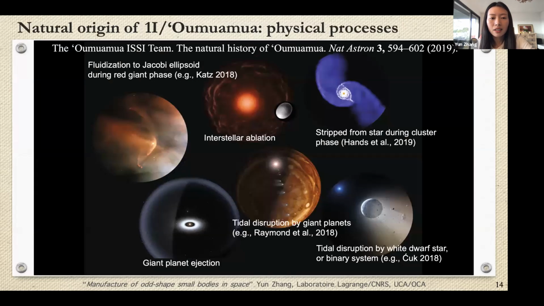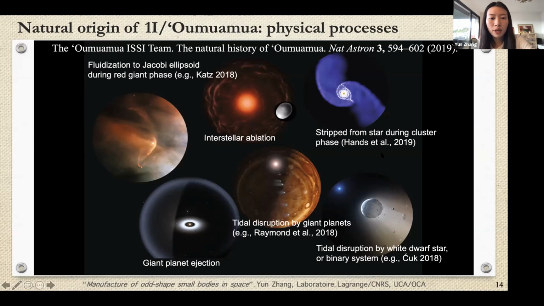So in our study, we want to construct an evidence-based scenario to understand Oumuamua's origin. And this paper here, published in 2019, gives some strong arguments about why Oumuamua should have a natural origin, and revealed the conventional physical processes that could explain Oumuamua's origin.